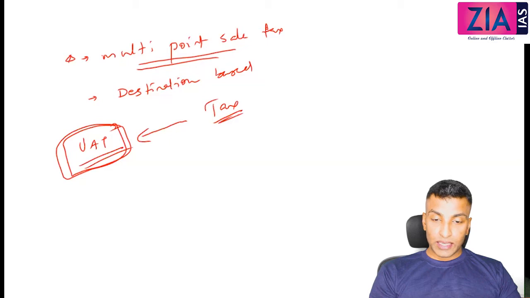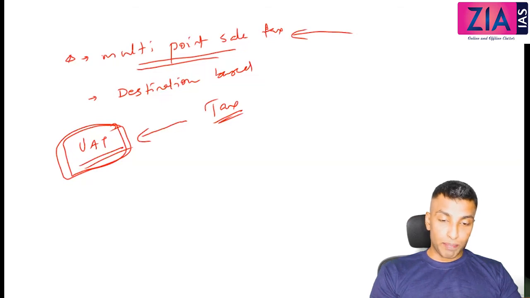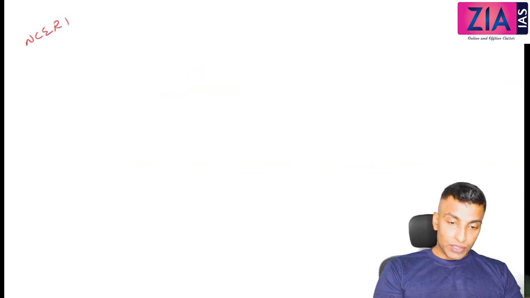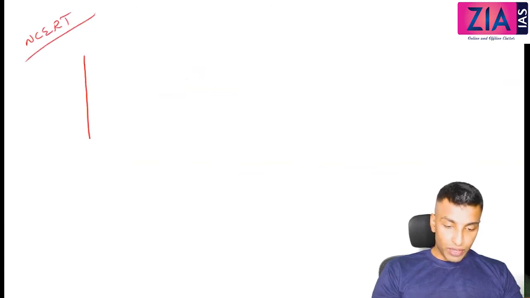All the domestic indirect taxes are replaced with VAT, but the taxes remain the same, only the name has changed. So everywhere tax will be there. I'll show you in a table here, and this is directly from NCERT only. So in case you have any doubt, you can just refer to that.